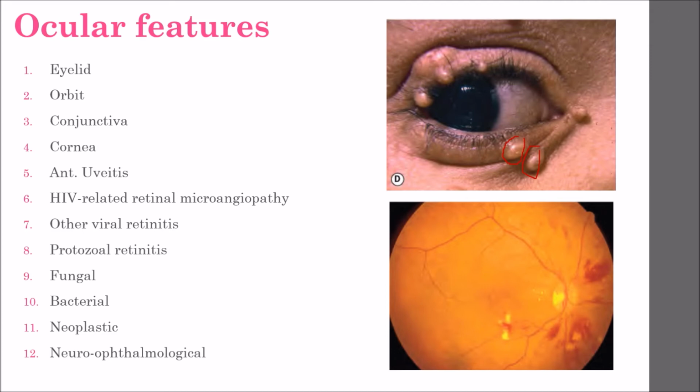Now, postulated causes include immune complex deposition, HIV infection of the retinal vascular endothelium, and abnormalities of the flow. It manifests with cotton wool spots, as seen here. These ones are the exudates, and retinal hemorrhages. These are flame-shaped hemorrhages in the diagram here.